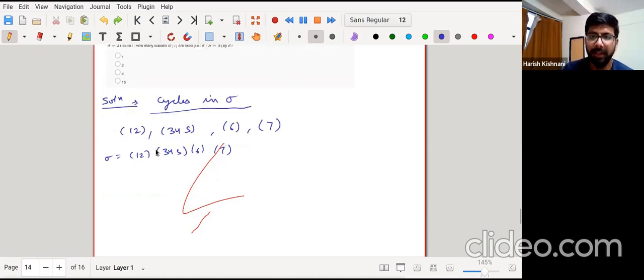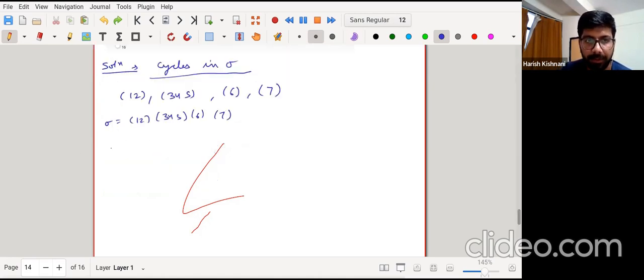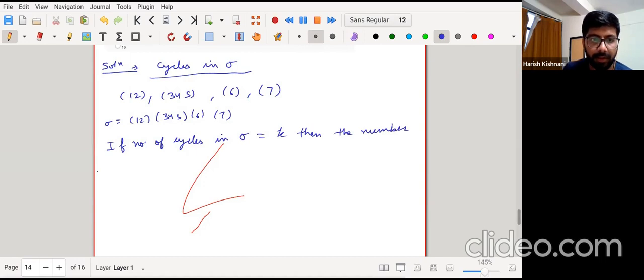So just realize this statement, whatever I am writing: if the number of cycles in sigma is say k, then the number of such subsets is 2 raised to k. Okay, so why am I saying so?